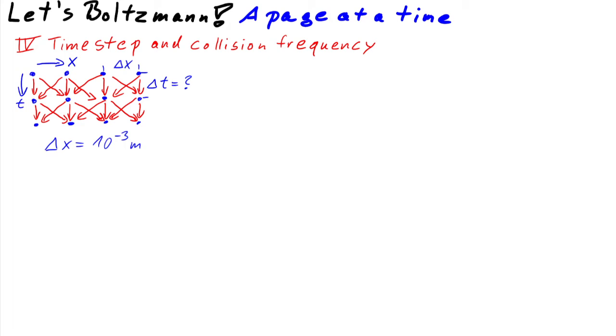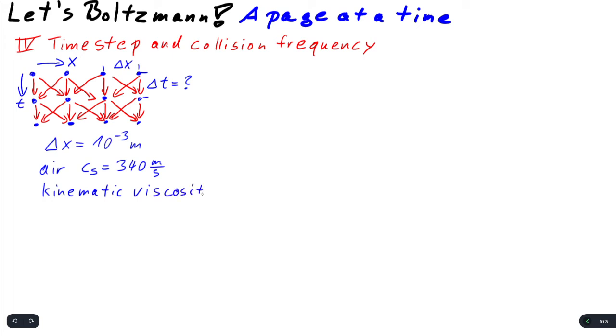Let's assume we are dealing with air, where we have a speed of sound of, say, 340 meters per second, and we have a kinematic viscosity nu of 10 to the power of minus 5 meters squared per second.